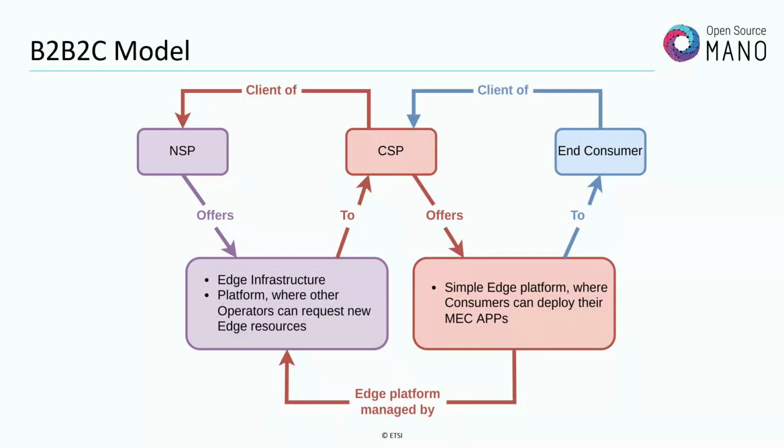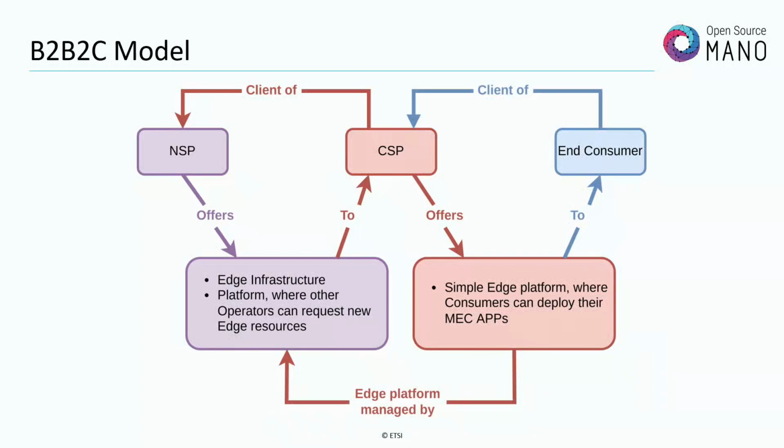So in an edge setting, this operator is called a network service provider, or an NSP, and it has as clients other operators which we call the CSP operators, or communication service providers. In turn, these are the ones which have as clients the end consumers, which in an edge environment are the ones that want to deploy MEC applications in some edge server.